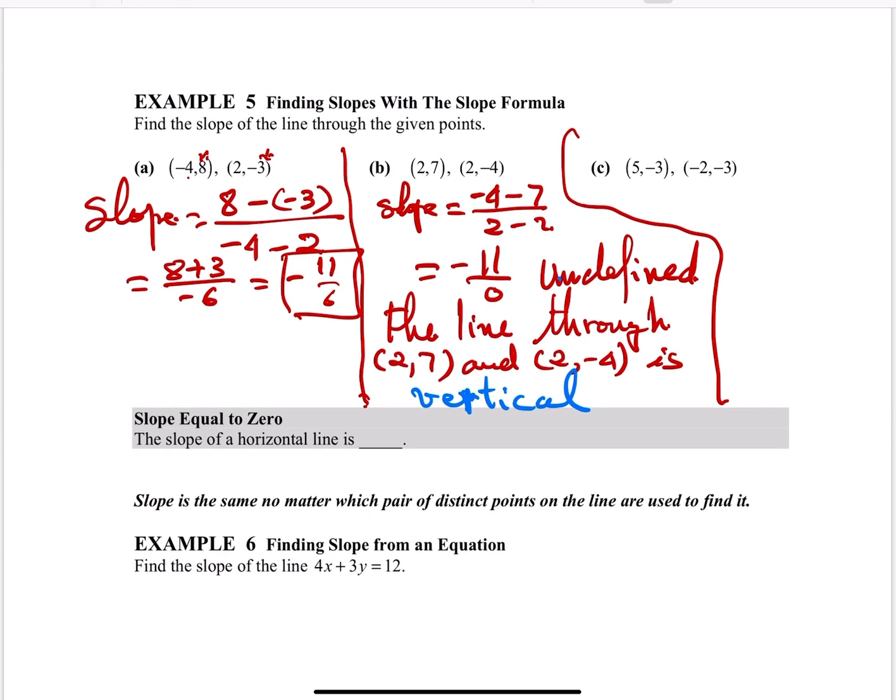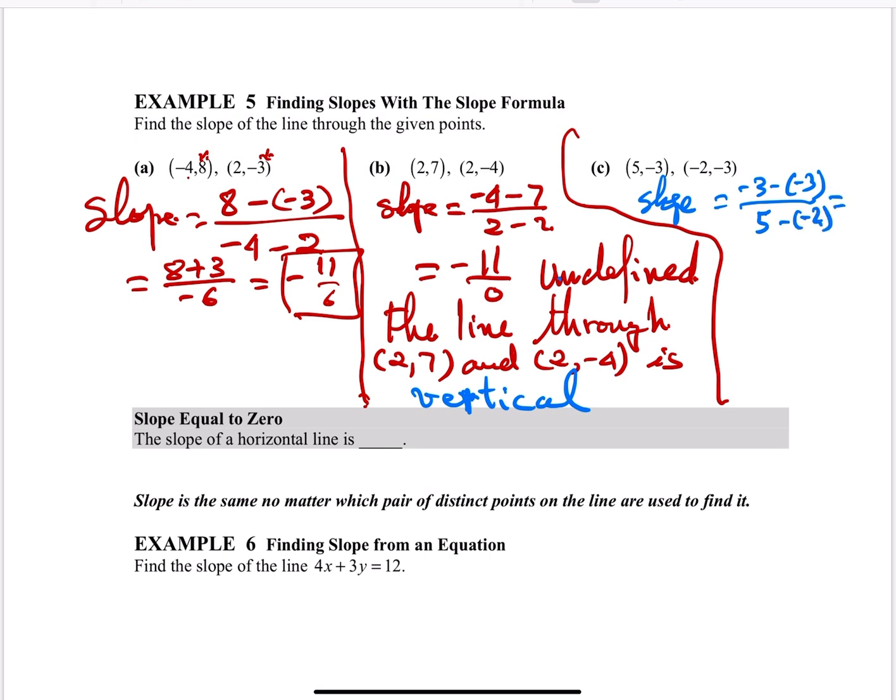The next one, you have the slope for this one. Let me write down slope here: it is -3 minus parentheses -3 divided by 5 minus parentheses -2.